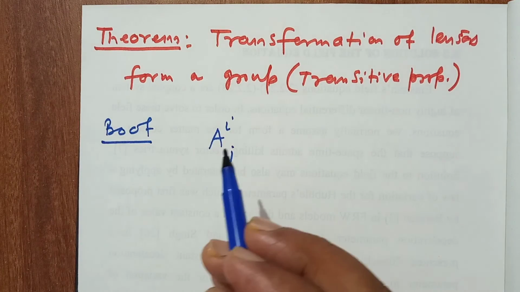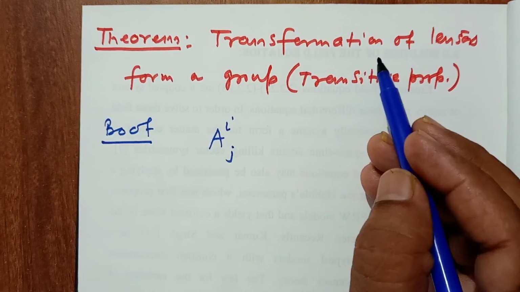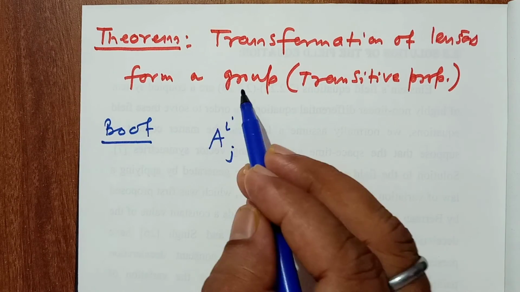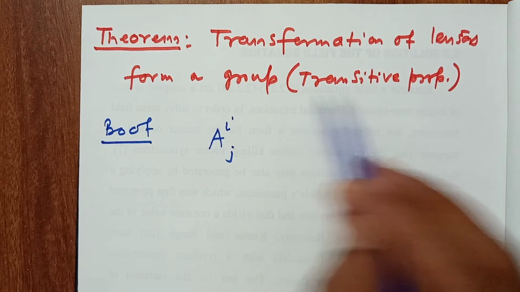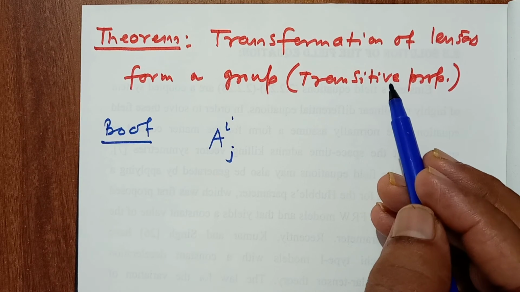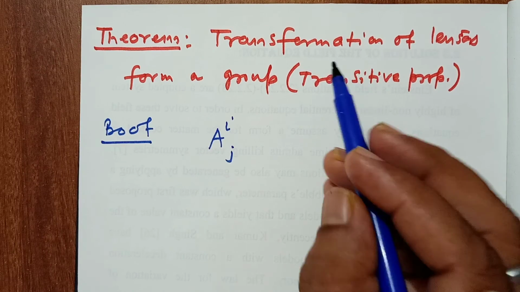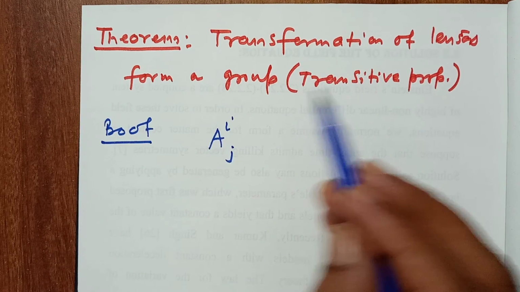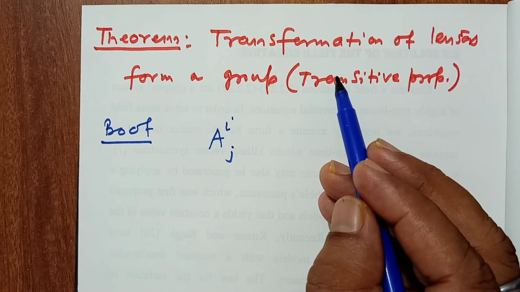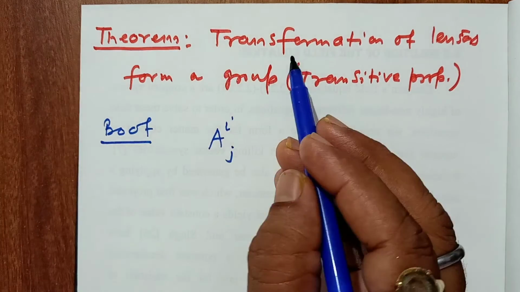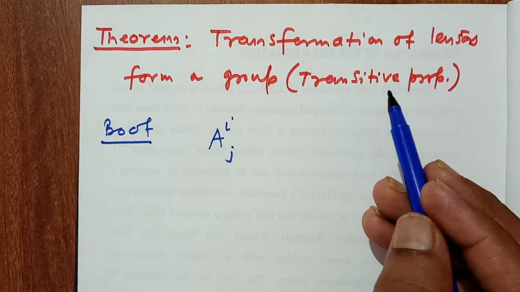Now I am going to explain a very important theorem: transformations of tensors form a group. A group here means the transitive property. Before, we discussed that contravariant vectors and covariant vectors possess the transitive property. Similarly, the transformation of tensors has the group or transitive property.